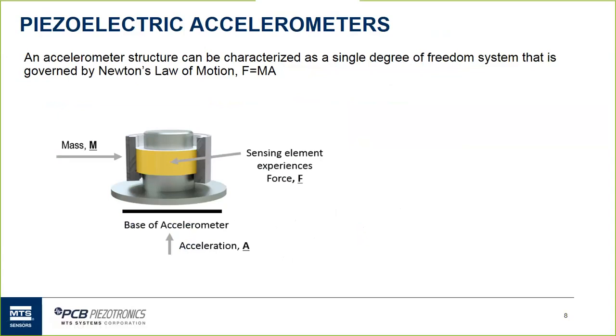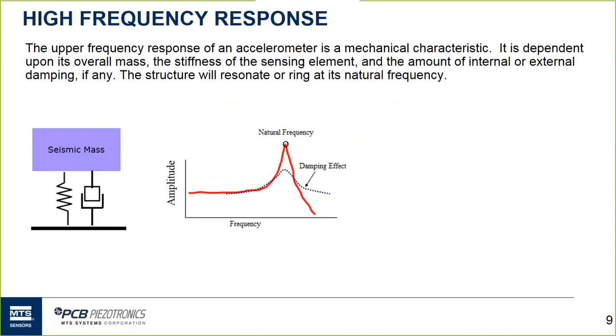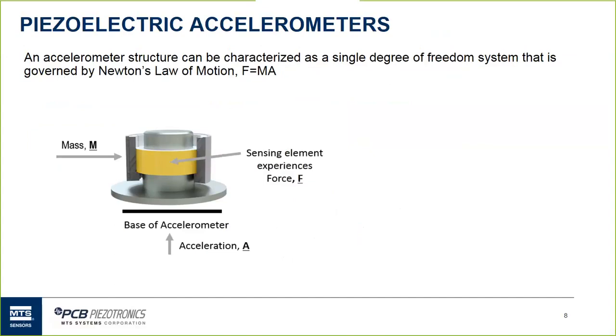And then there is a mass that surrounds that piezoelectric element, and then there's a ring that goes around it to compress it and preload. Then, of course, when motion's imparted, that mass places the crystal or sensing element into shear, producing an output. And that output, of course, is directly pursuant to the mechanical stimulus that the sensor is exposed to. So again, that's Newton's second law of motion, F equals ma.